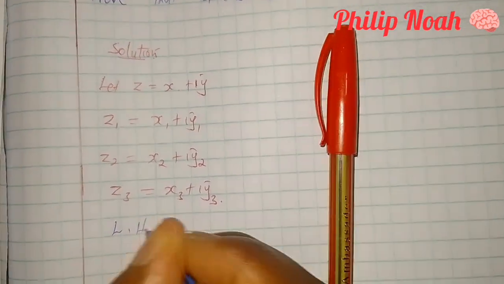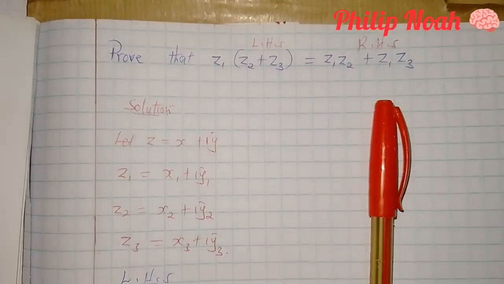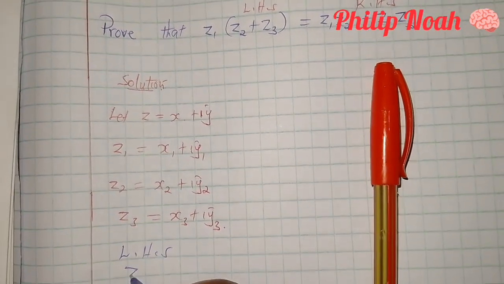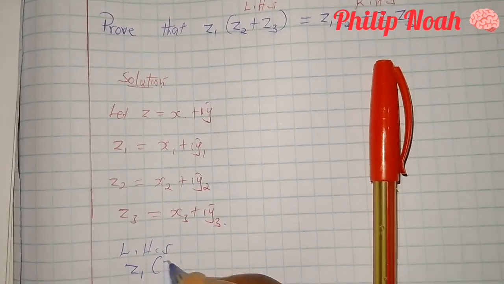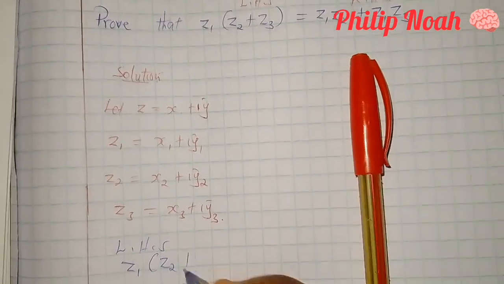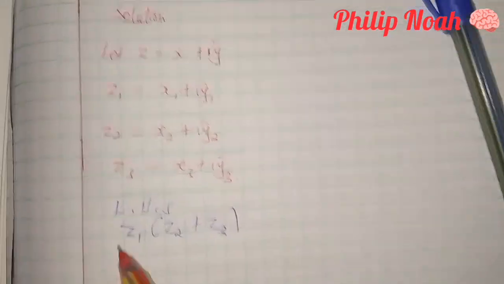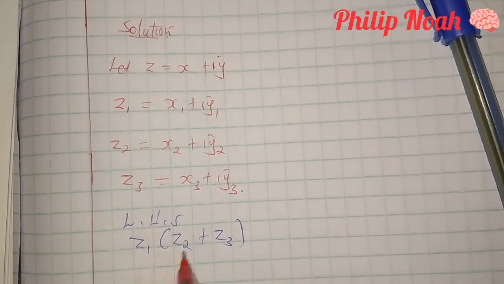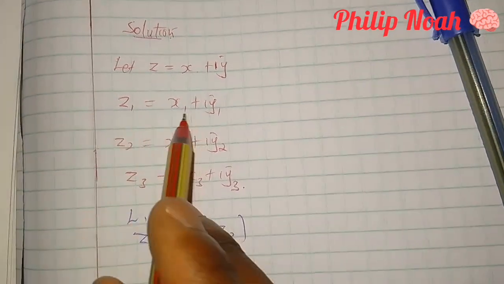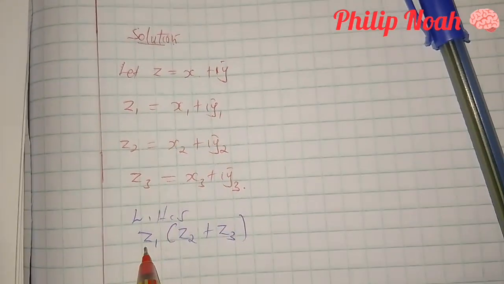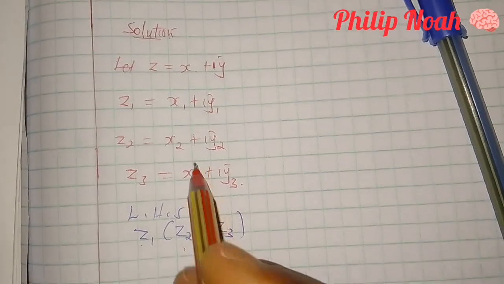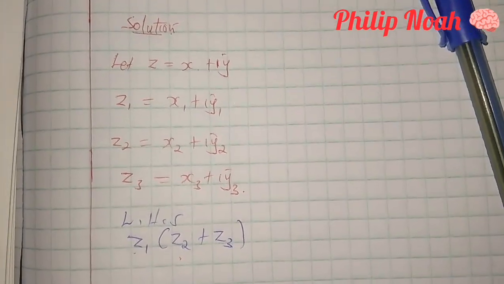The left hand side we are having z1 into (z2 plus z3). So we just take this one and then we substitute. z1 we have it as this one, so we take this, we put it here for z2. The same case for z3.